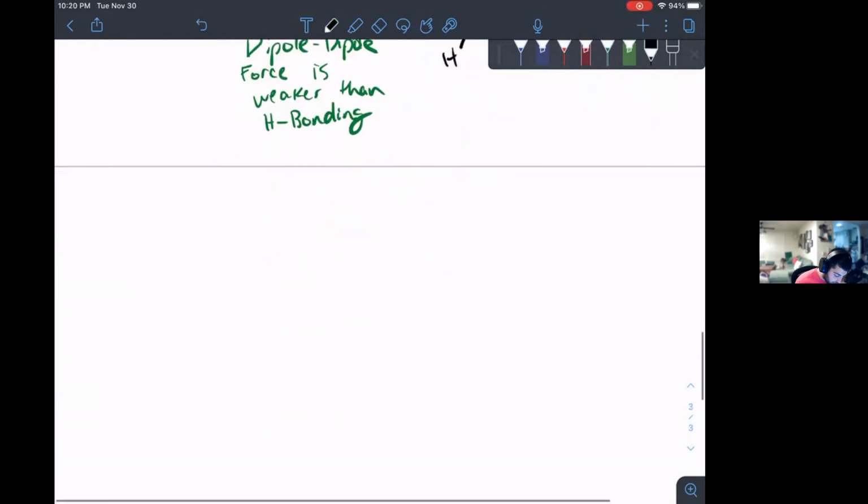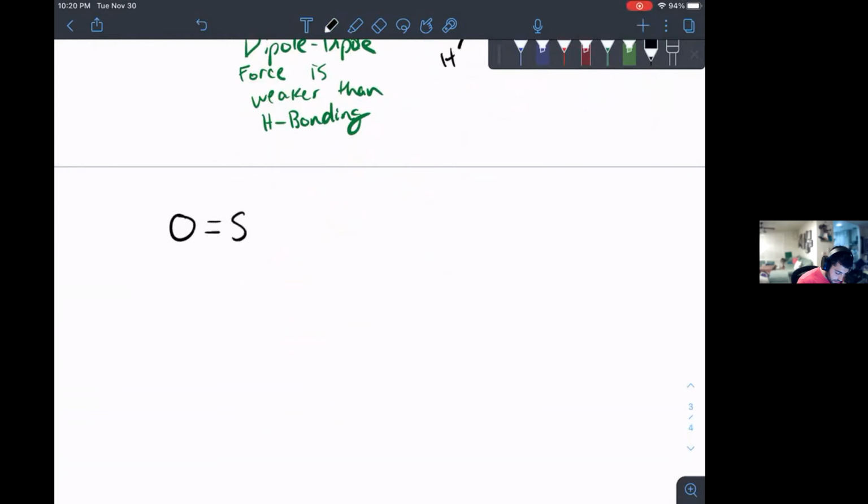Another quick example of this is if I have, let's say, OS, oxygen and sulfur. Once again, sulfur has a lower electronegativity. So sulfur is going to become partially positive. Oxygen is going to become partially negative.